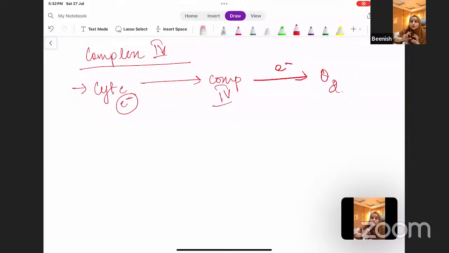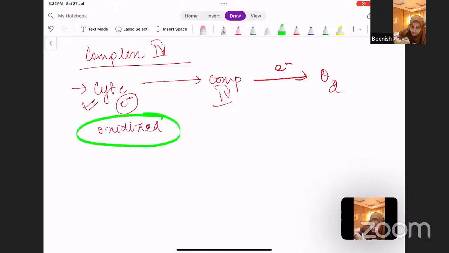Okay, so your cytochrome C, as you can see here, is getting oxidized because it is giving its electrons and the electrons are being received by oxygen. Oxygen is the final or the terminal electron acceptor. So your oxygen is getting reduced.